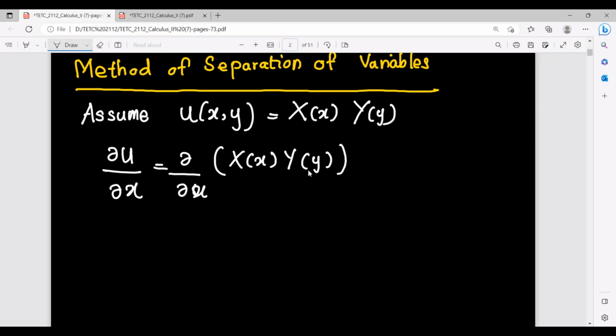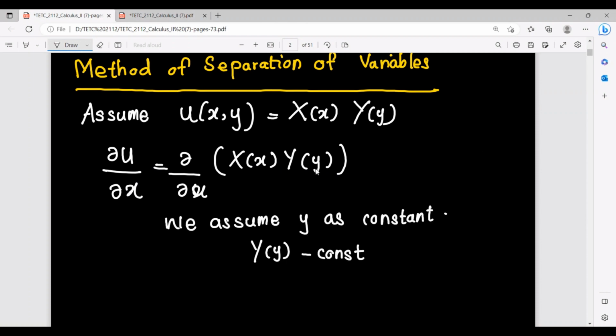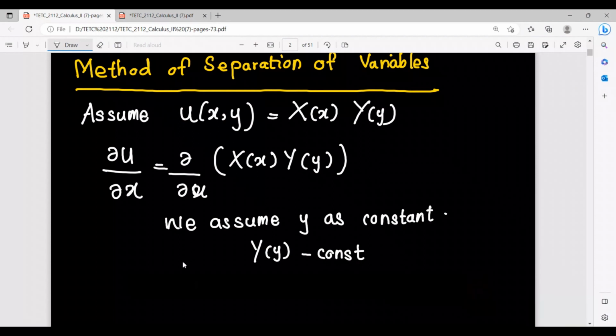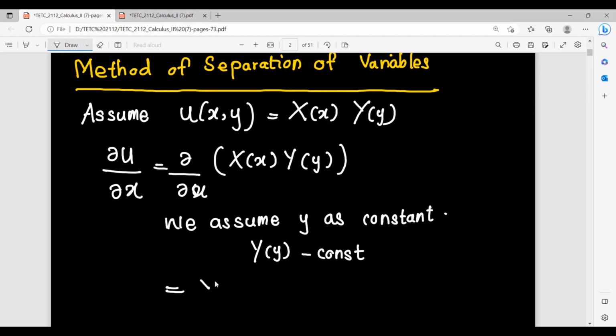Here this capital Y of y appears as a product of the function of x. So as a constant එකක් ඉඳලා අපිට ඒක normal විදිහට එළියට ගන්න පුළුවන්. So we can write this equals capital Y of y times the partial derivative of capital X of x with respect to x. මේ capital X කියන එක depend වෙන්නේ variable එක x විතරක්ම මත හින්දා මේක අපිට partial derivative නෙමෙයි derivative එකෙන් ගන්න පුළුවන්. එතකොට derivative of X කියන එකට notation එකක් මොකද්ද?